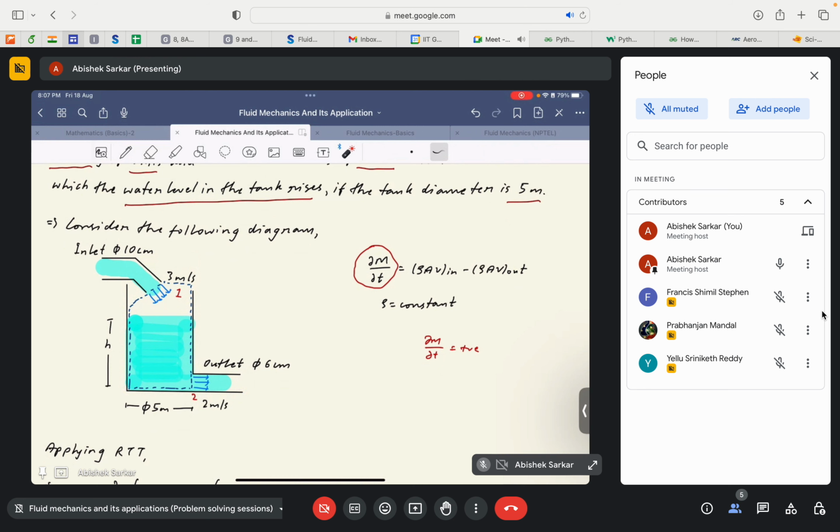So the key feature is that the velocity at this particular point, at the inlet or at the outlet of this incoming pipe, is defined in the question. It is being told that the velocities at these points are uniform. That's important. So the velocities at these points are well defined.